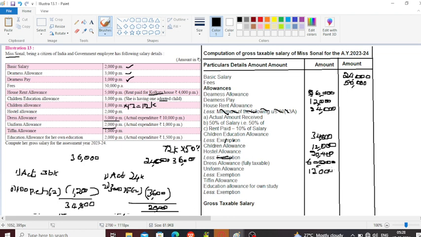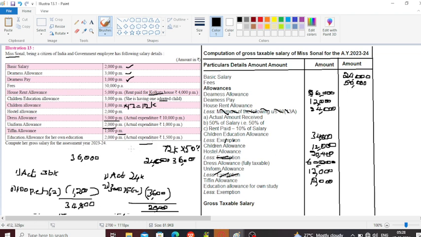And tiffin allowance is rupees 1,000 per month. It is fully taxable, so 12,000 will be taxable for tiffin allowance. And for education allowance for her own study, the actual expenditure will be deductible from the education allowance for her own education.